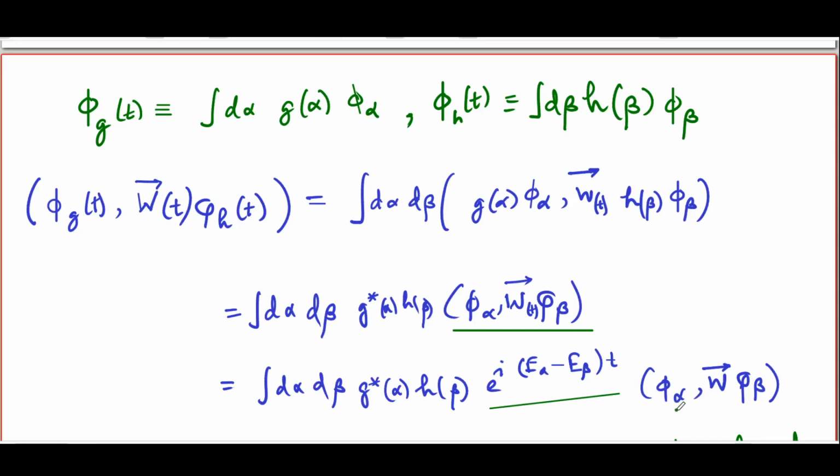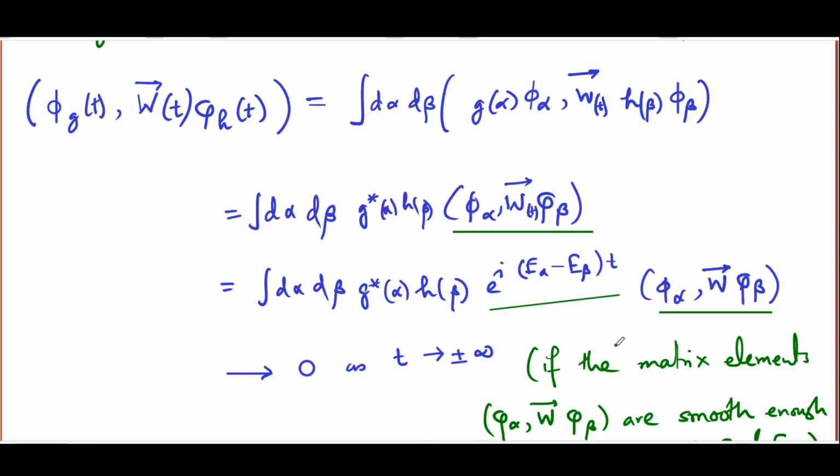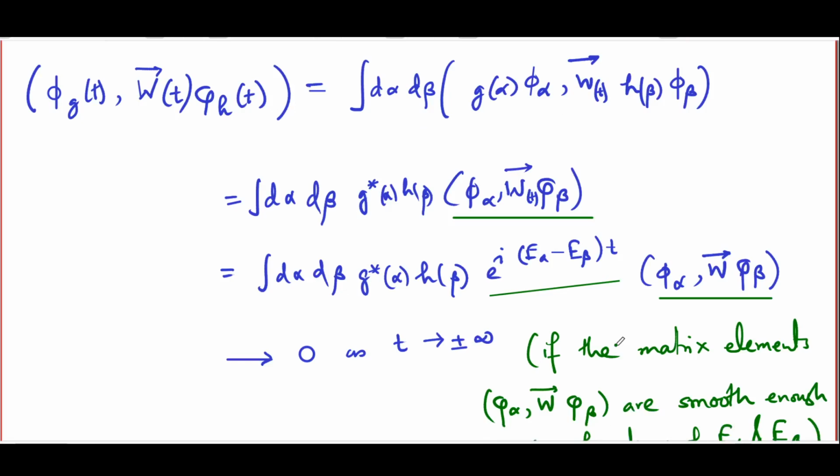Now comes a tricky statement, and that is the following: if the inner products of φα, W, φβ are smooth enough as functions of Eα and Eβ, in particular, if they don't blow up when Eα becomes equal to Eβ, then it's easy to see that in the limit of t going to either plus infinity or t going to minus infinity, the rapid oscillations of these first factors will simply cancel out the integral, and we will end up with 0.